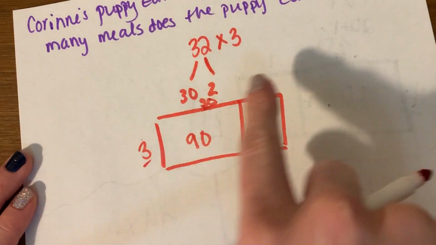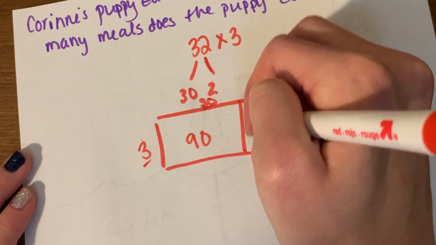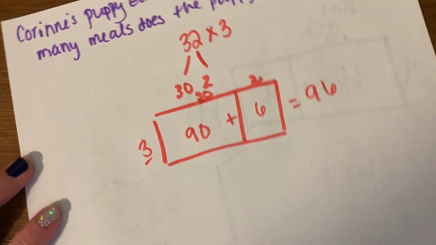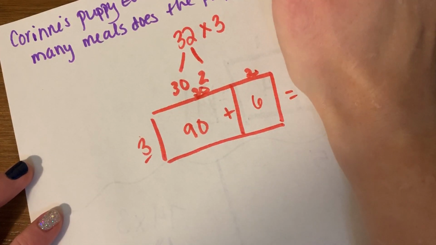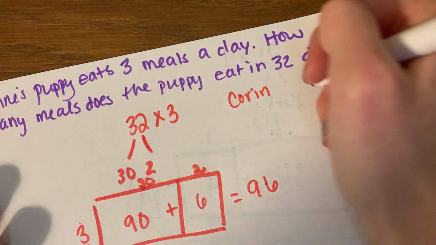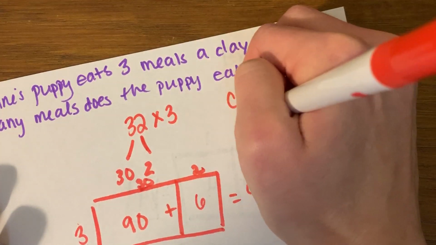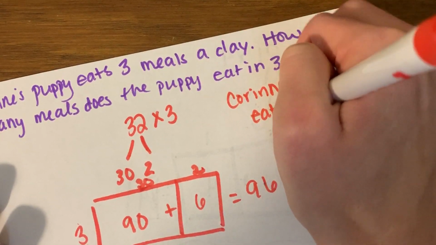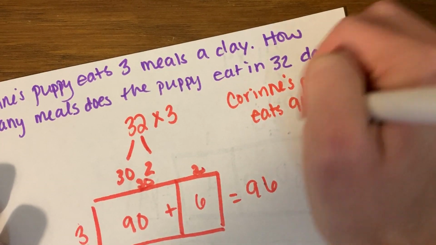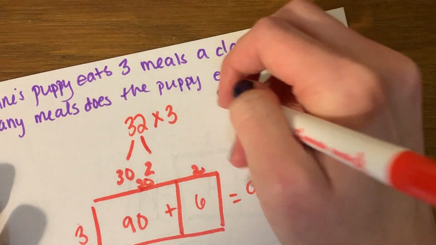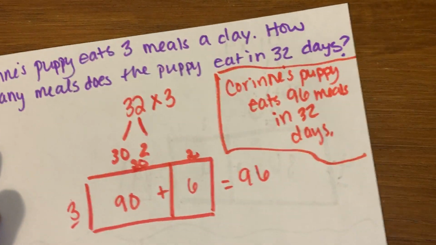Add a 0. 3 times 2 gives me 6. Add them together, 96. So I'm going to say Kareen's puppy eats 96 meals in 32 days. All right, there we go.